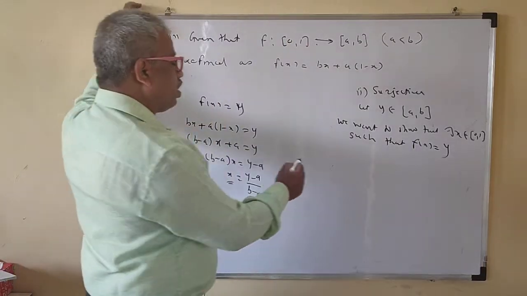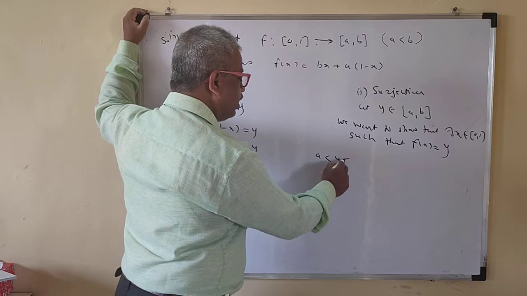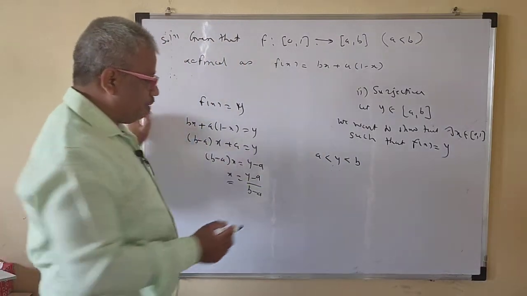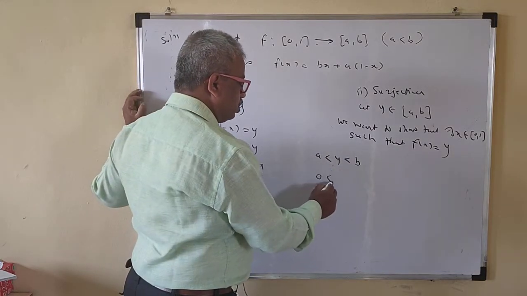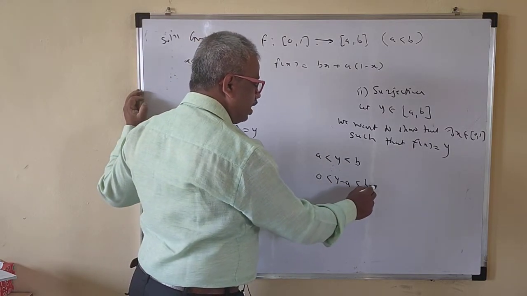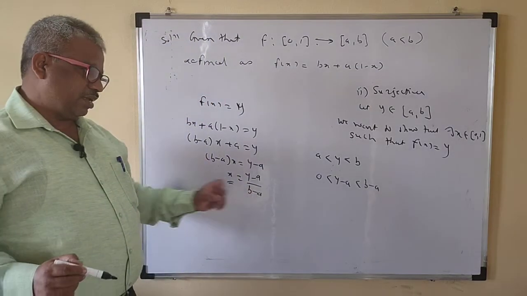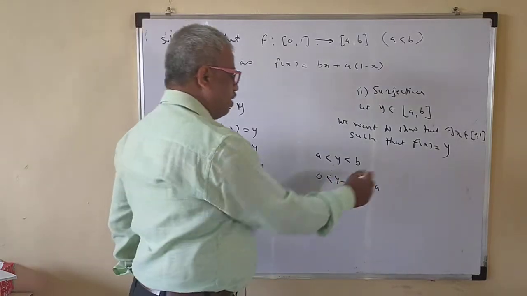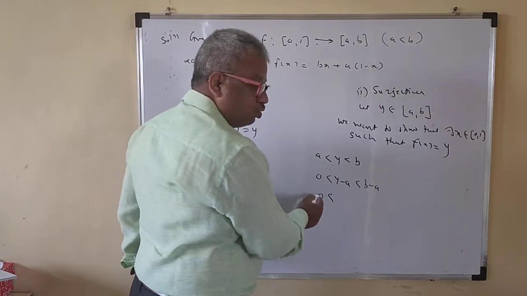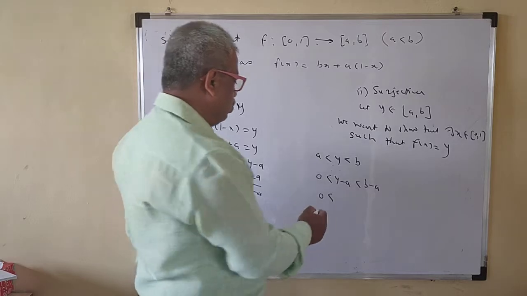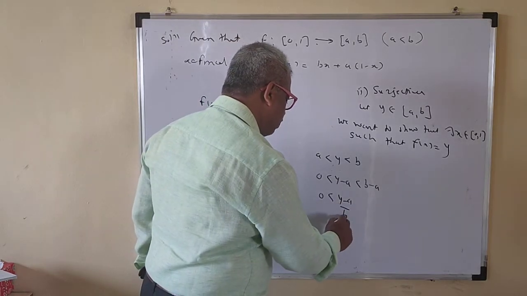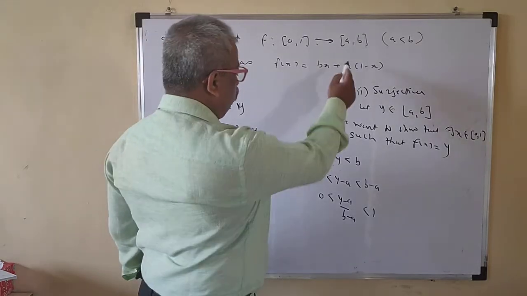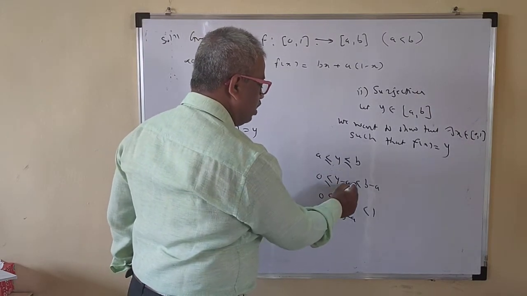Now here you have a less than or equal to y less than or equal to b. We subtract a, so we get 0 less than or equal to y minus a less than or equal to b minus a. Since b minus a is not zero, we divide by b minus a. So 0 upon b minus a is 0, and y minus a upon b minus a is less than or equal to 1.